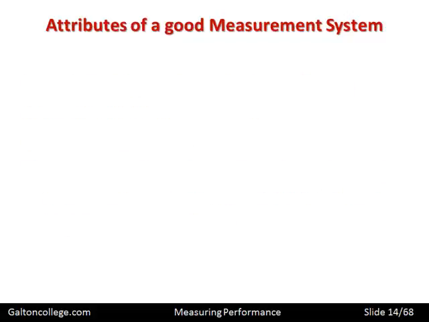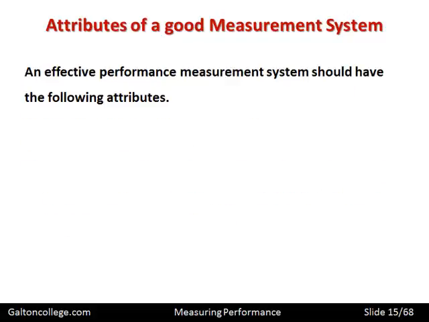Now, the attributes of a good measurement system. Well, an effective performance measurement system should have the following attributes. First of all, it should focus on effectiveness. It should look at the extent to which the use of the resources are achieving the objectives that were set. The use of labour, machinery, raw materials, all the energy of the business, to make sure that it's effective.